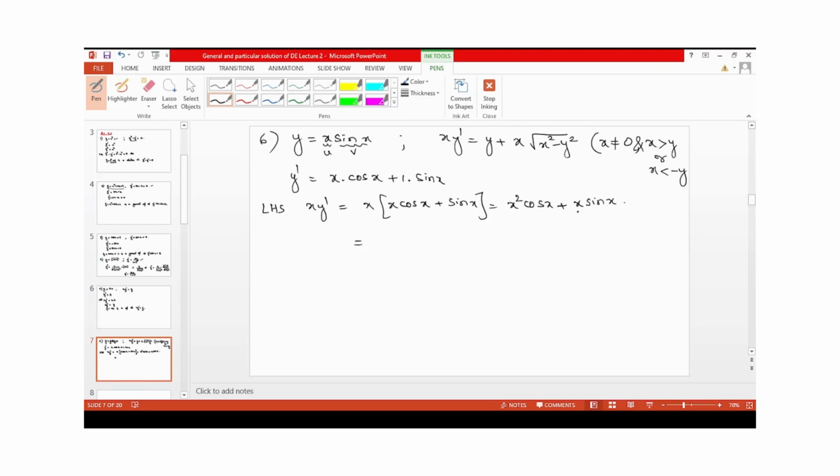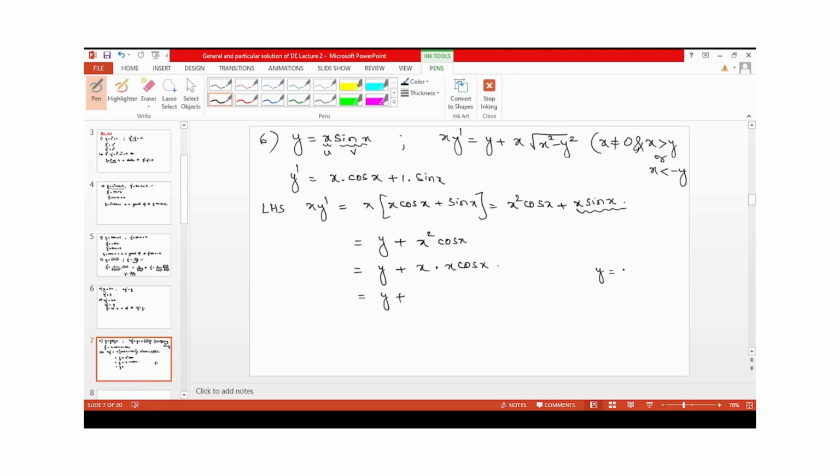This x sin x entirely can be replaced by y, plus x square cos x we have, right? So y plus x into, can I write it as x cos x? Yes. Why are we writing like that? In order to get this form, y I already got it. x is there, x cos x, x is also there again. So just this one is to be replaced.